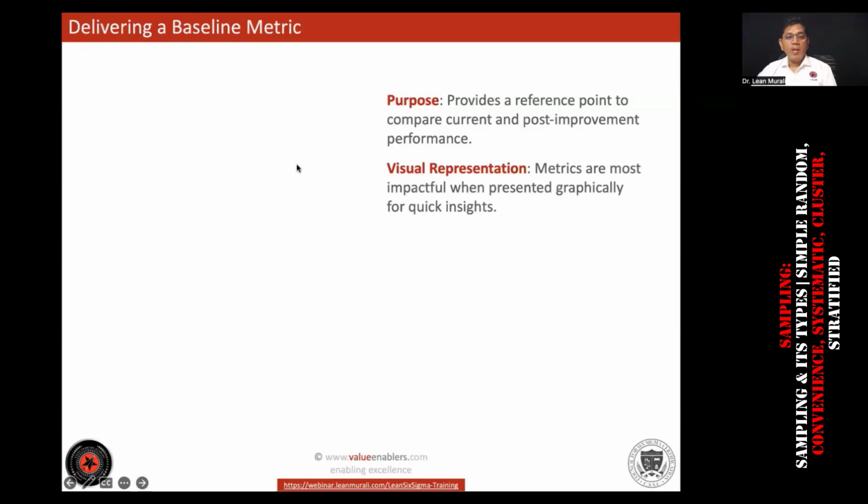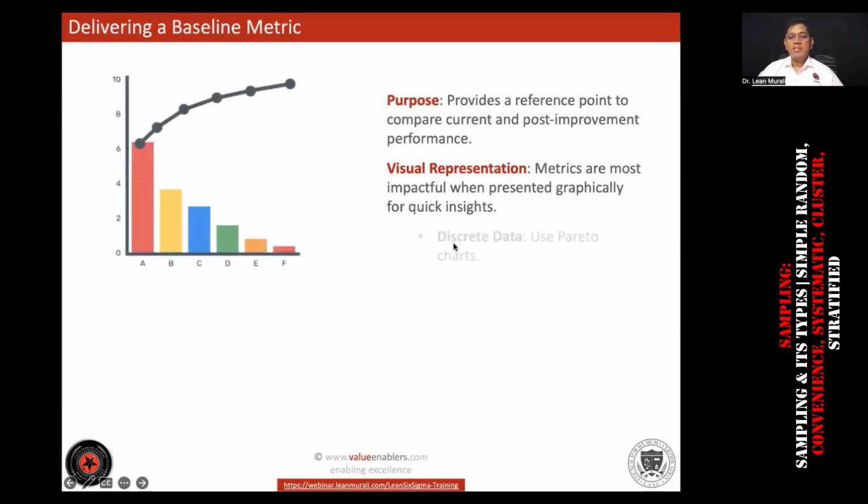But the best way to represent it is graphically. Metrics are most impactful when presented graphically for quick, visual insights. For example, this is called a Pareto chart, used for discrete data. If you want to know about discrete and continuous data, you'll have to watch my earlier session on data sampling in the same chapter.